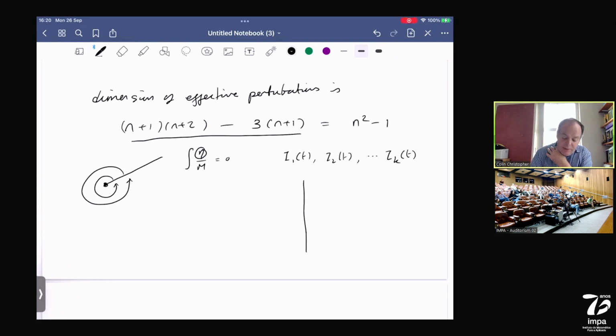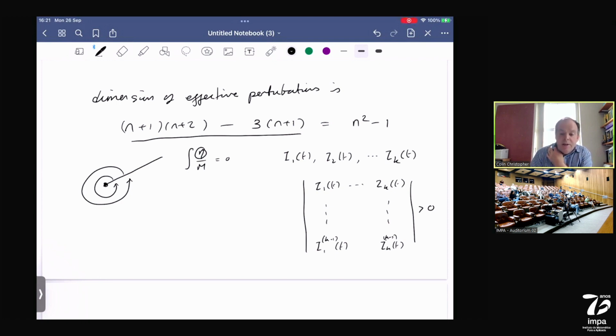So what is the Chebyshev property? We take the expressions from I_1 to I_k of t, and then we take their derivatives up to the (k minus 1)th derivative of these things. And then we want this to be single-signed, either greater than 0 or less than 0, in an interval.